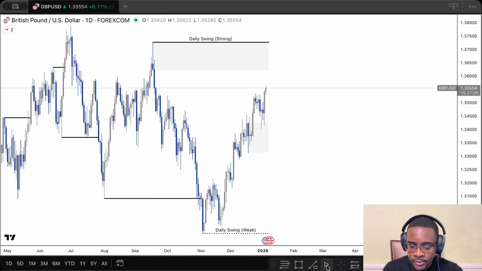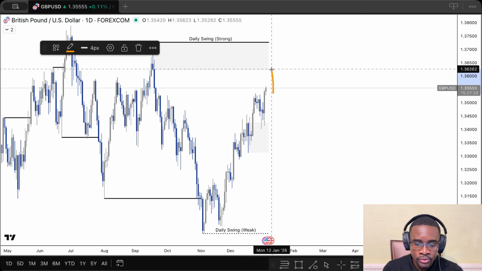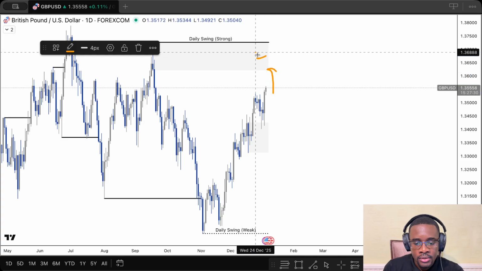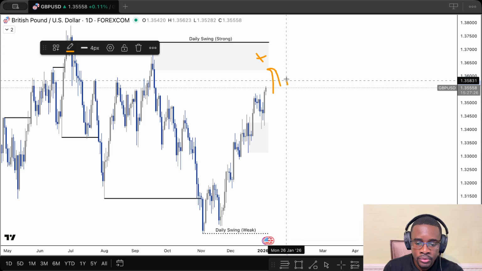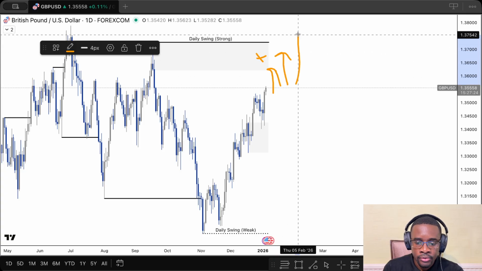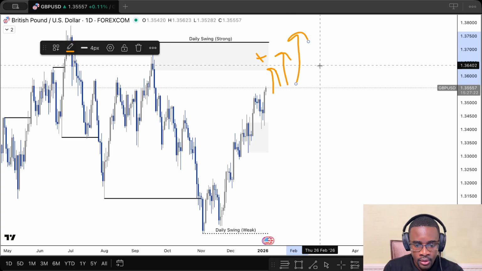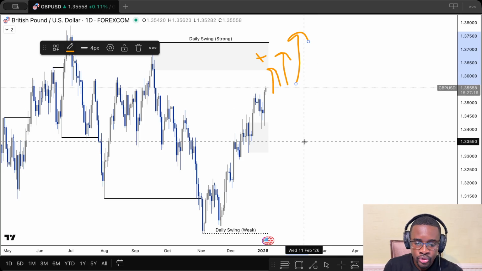So my expectation is that price now is just gonna go straight to this supply, either mitigate, react, or it will go deeper, or even cause it to fail. Okay, and then we'll have a trend switch from bearish to bullish.